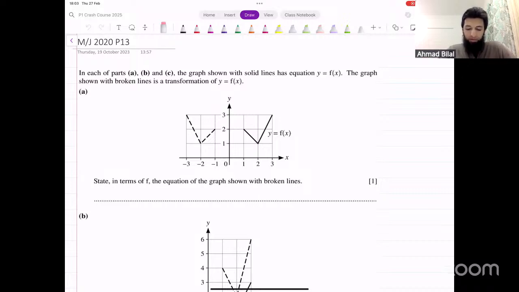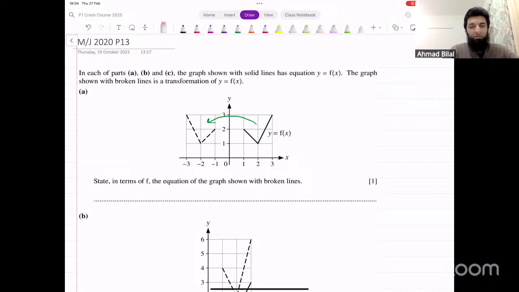State in terms of f the equation of the graph shown with broken lines. So we have this graph y equals f of x, and this broken lines graph is a transformation of that. What transformation is this? How do you get from this figure on the right to the figure on the left?